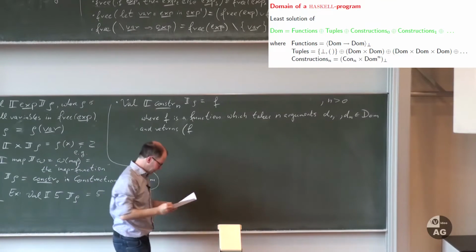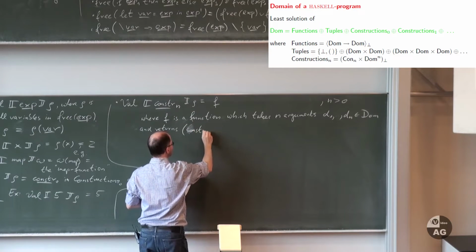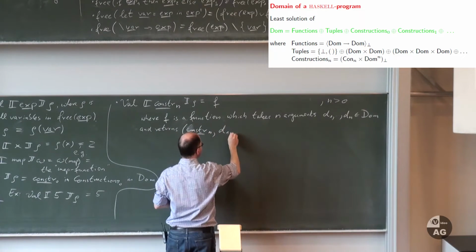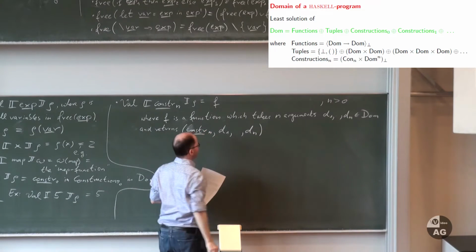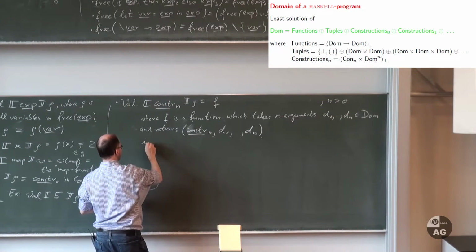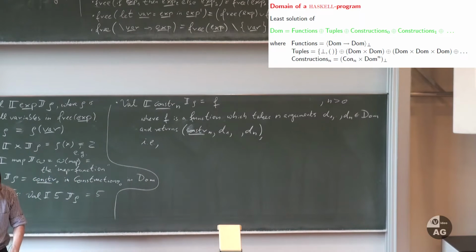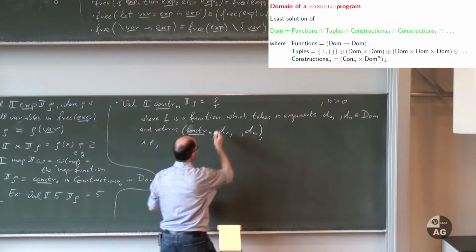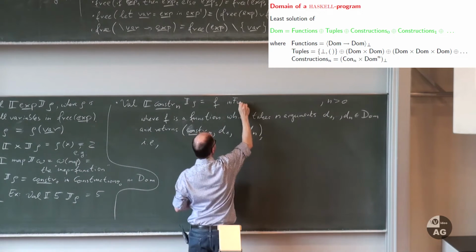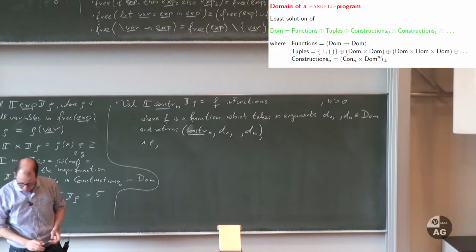And how does this object look like? It starts with the name of this data constructor, so it starts with the name constructor n. And then we have d1 to dn. So in other words, f looks as follows. f is a function in functions in DOM.